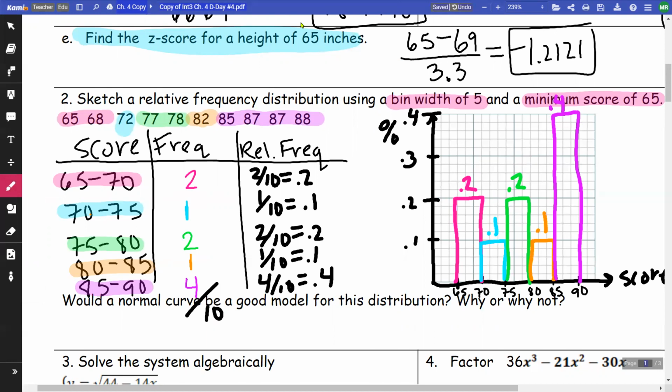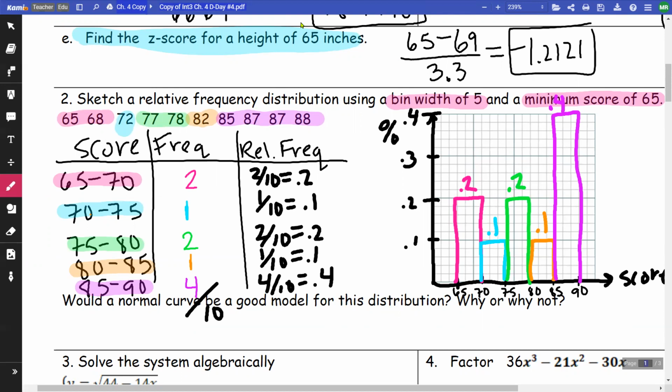Now on the bottom here, it says, would a normal curve be a good model for this distribution? This would not, because the high point here, that 0.4, the one that has the most, is not in the middle. Okay, if I had the 0.4 in the middle with the 0.2s on either side of that and the 0.1s on either side of that, that would have been a normal curve, because that would have had a bell-shaped curve where it's high in the middle and then it's going down on either side.